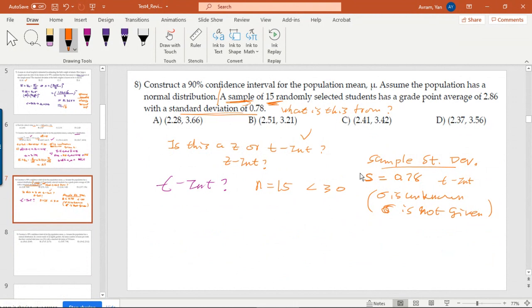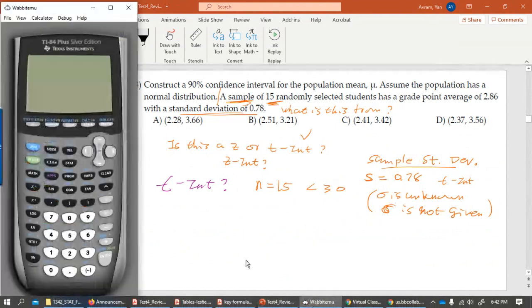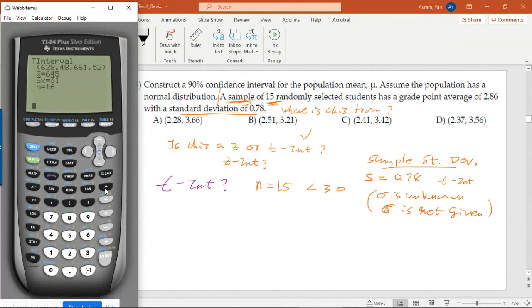Once we know it's a T interval, I can just do the calculation. As I keep saying, the concept is the most important part. Calculation, if I don't want to calculate by hand, I can do it in the calculator. The sample mean here is 2.86, standard deviation is 0.78, n is 15, confidence level is 0.9.